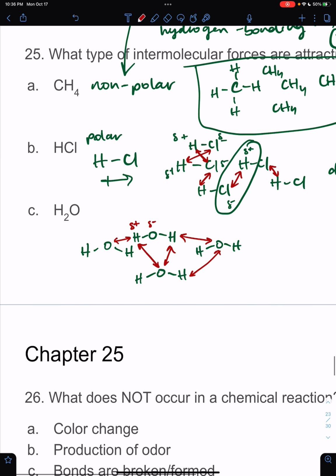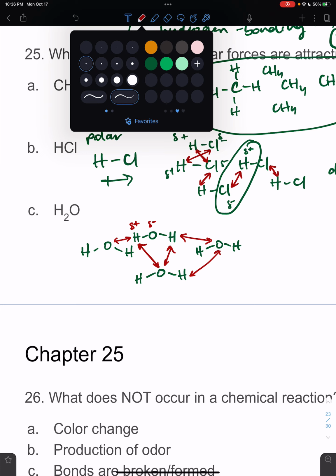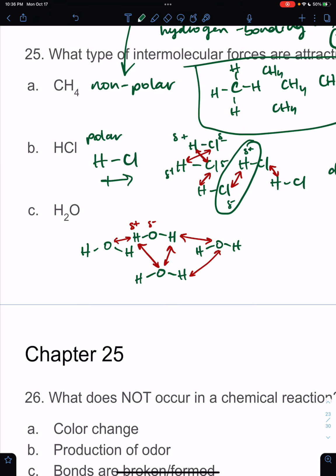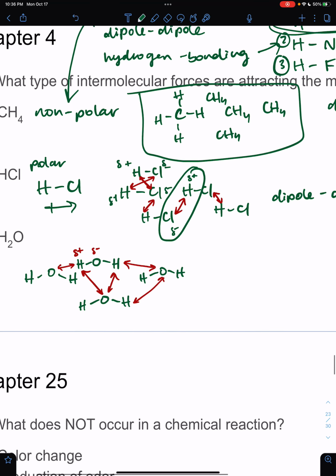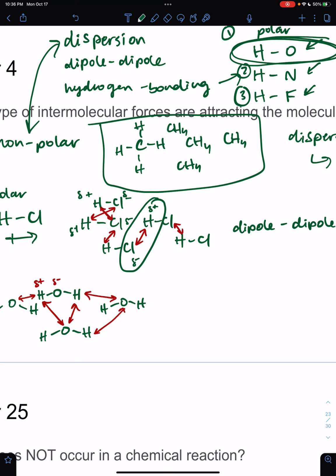So the oxygens of one water molecule are going to be attracted to the hydrogens of another molecule. So very similar to dipole-dipole. Actually, it is a dipole-dipole interaction, but more specifically it's a hydrogen bond interaction just because of these three conditions.